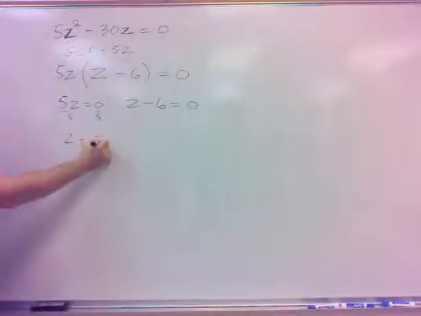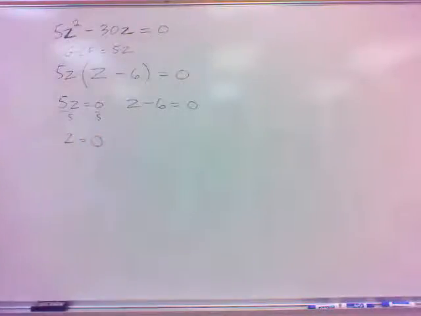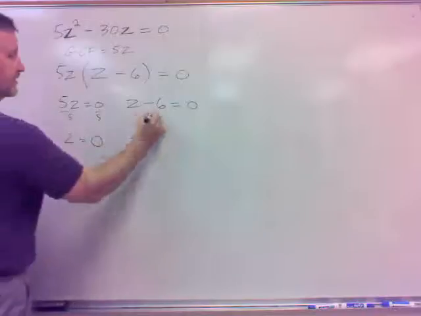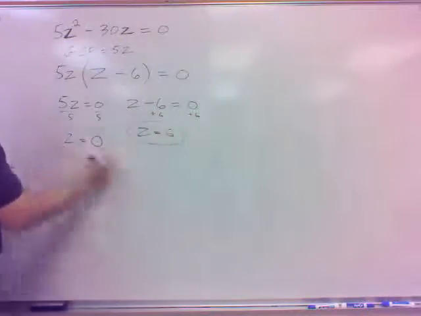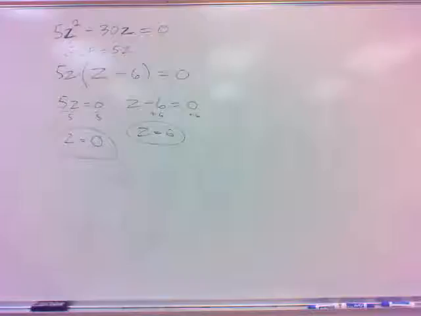That's 0. And then here we'd add 6 and z equals 6. Two answers once again. So this one we have a 0 and a 6. I think the other two we had a positive and a negative, didn't we? So it's just how the numbers work out as to what type of answers you get. All right.